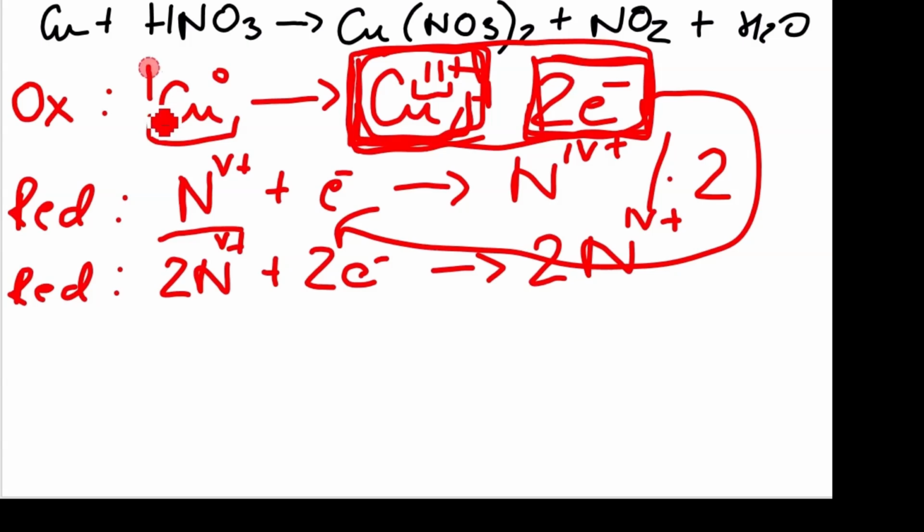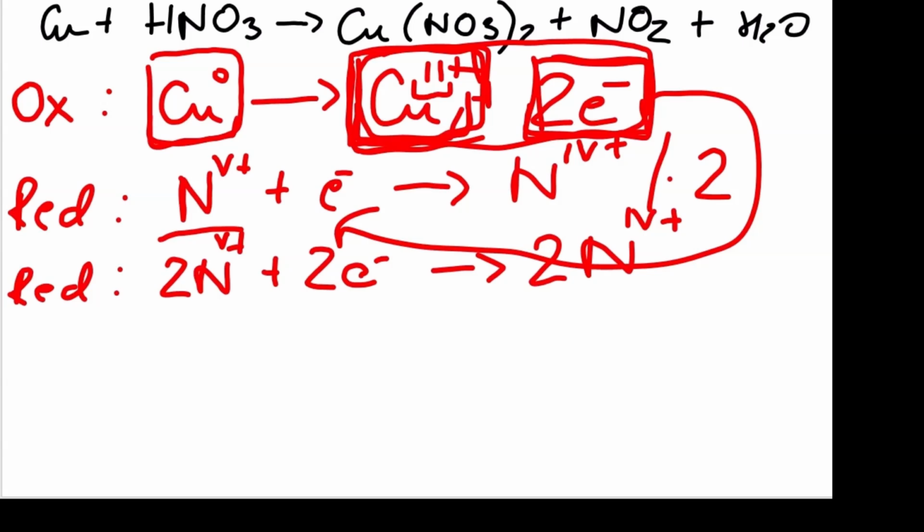On the left side we have a copper atom in the metallic state, yes? So the copper atom with the oxidation state equal to 0. So according to the balance of the charge, the left side should be equal to the right side. And in this situation, it is correct.